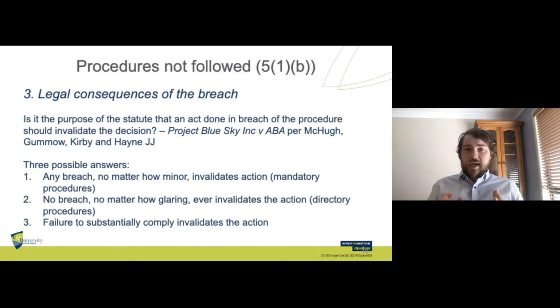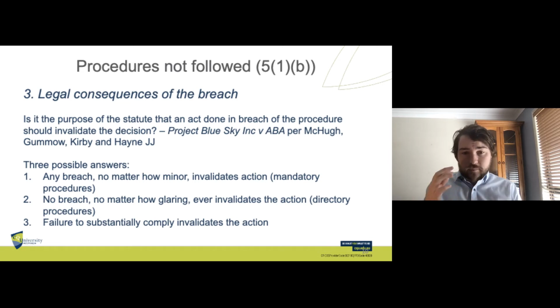And here we can take a closer look at Project Blue Sky and the Australian Broadcasting Association, because this is a really great case that really settled the matter of, do all breaches of procedure invalidate decisions, or can you sometimes not quite meet every step in the procedure, but the decision itself still be fine?